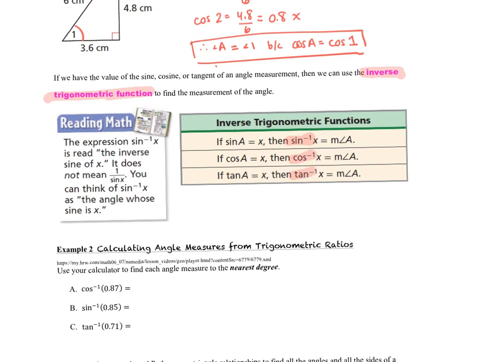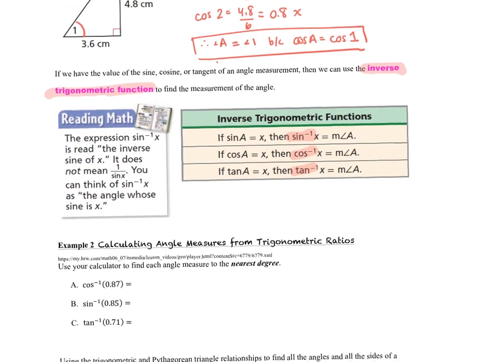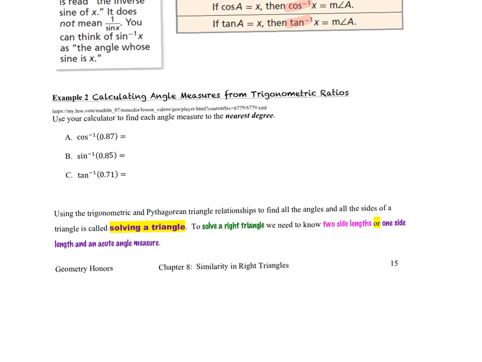On your calculator, usually right above the sine, cosine, and tangent is the sine -1, cosine -1, tan -1. You would have to hit a shift or a second button to get to that different color button above the actual button, if that makes sense. I could show you in class if it does not. So we're going to just practice using that button.